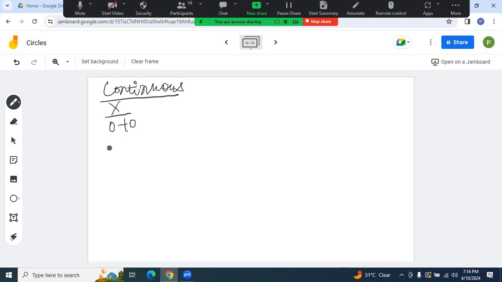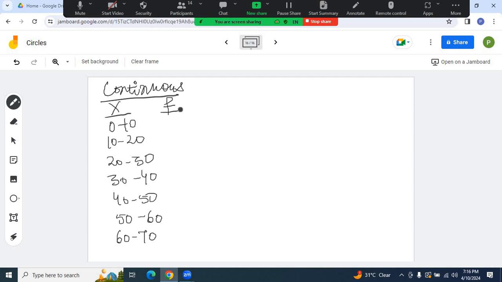The class intervals are 0 to 10, 10 to 20, 20 to 30, 30 to 40, 40 to 50, 50 to 60, 60 to 70. Then we have frequencies 7, 12, 18, 25, 16, 14 and 8.